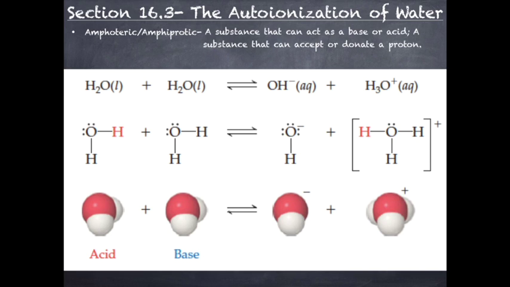And that's why water does not conduct electricity, because the majority of water exists as a molecule and not as ions. If in fact the right-hand side of this equilibrium were favored, then pure water would be able to conduct electricity, but it doesn't. So the water that you drink for the most part is just H2O, although there are a couple of ions in there. It's not significant enough to change the physical properties of water.